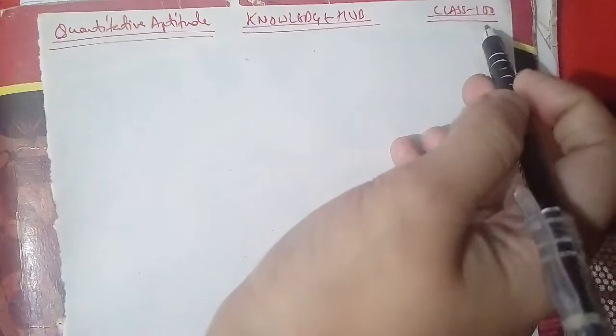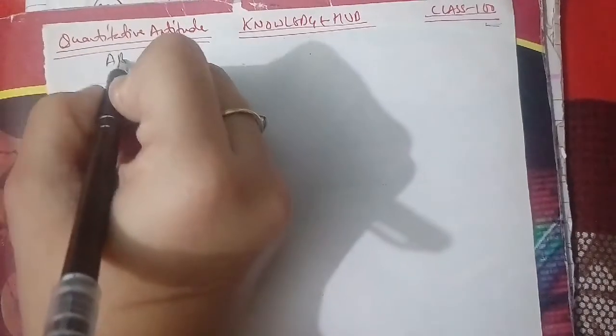Today we're going to start with the next part of quantitative aptitude, and this has been the class number 100. So we have reached near a century, and in this century we have to start with arithmetical ability.